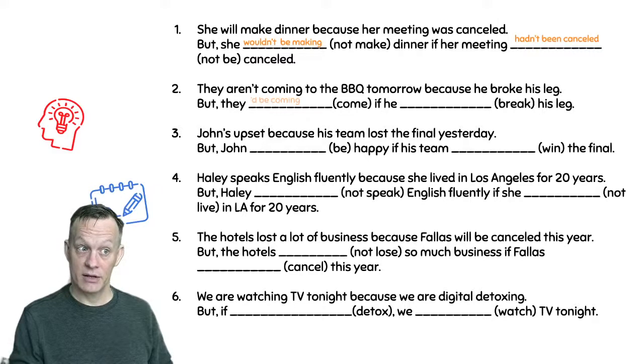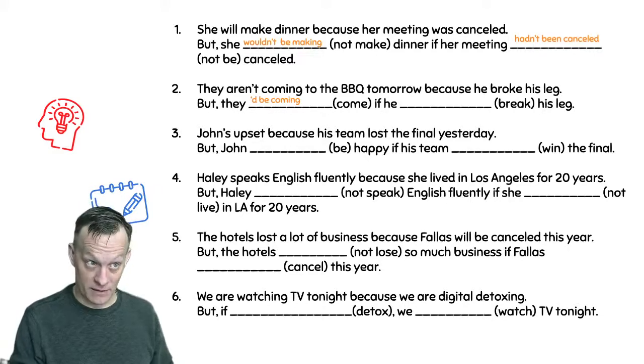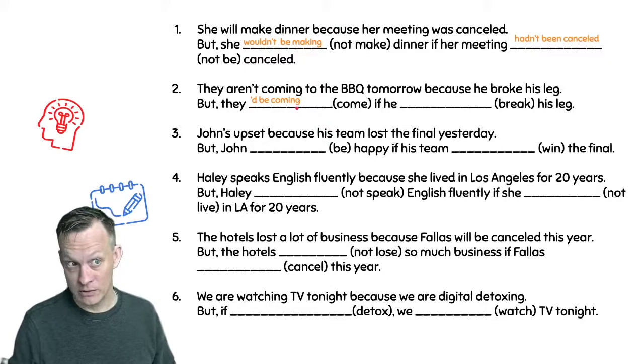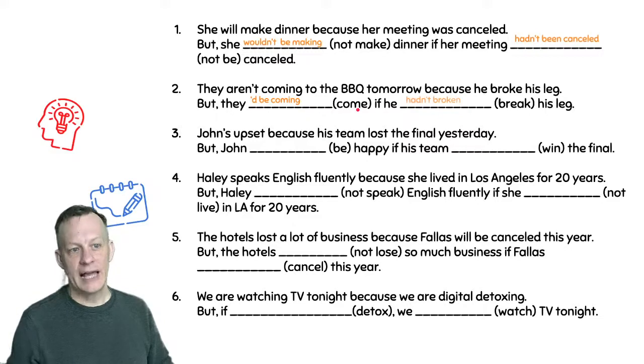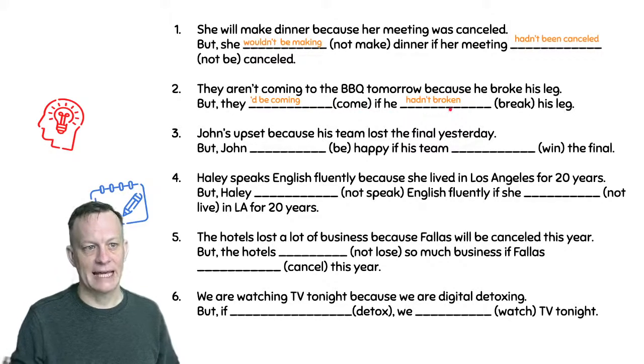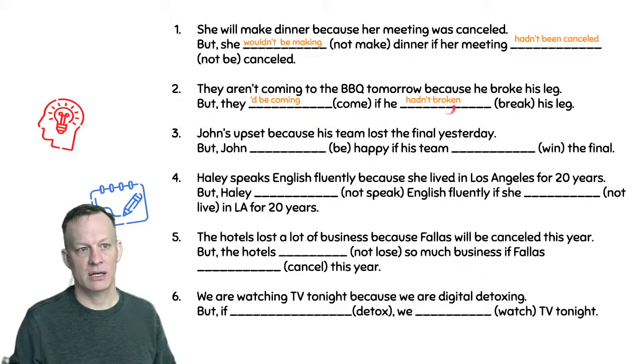But they would be coming, the same as here, they would be making, they would be coming tomorrow if he hadn't broken his leg. If he hadn't broken his leg. So this is the future. This was the future.